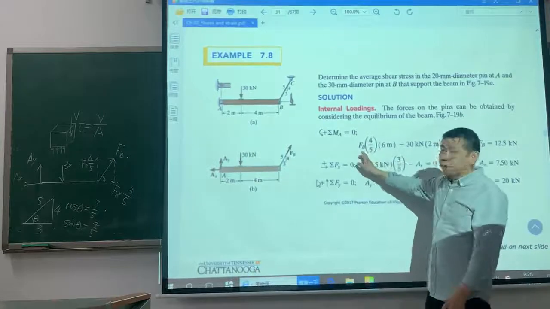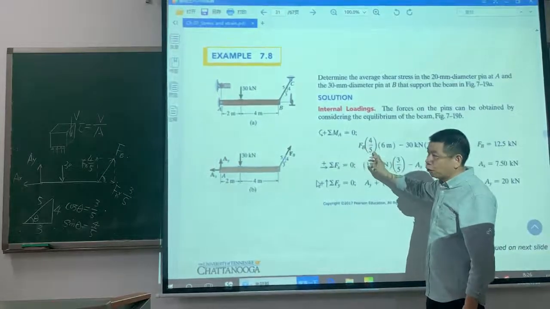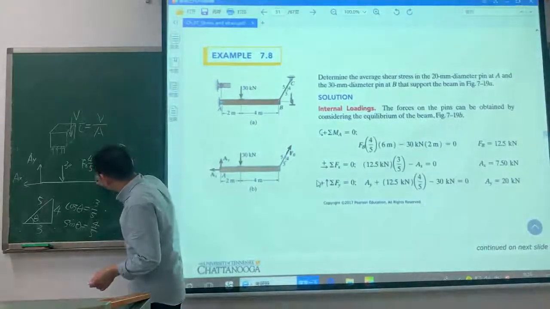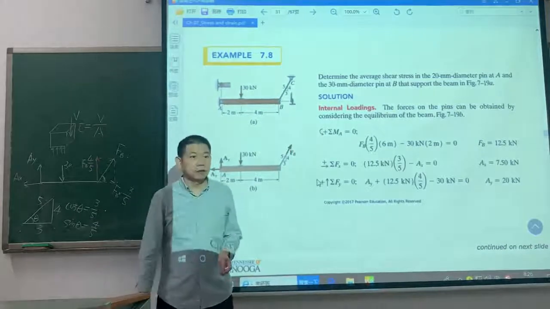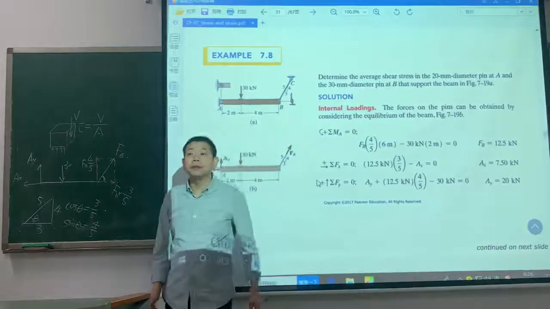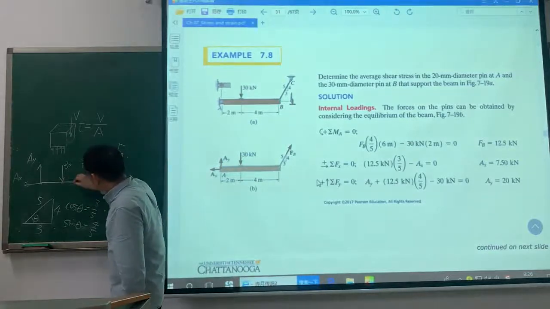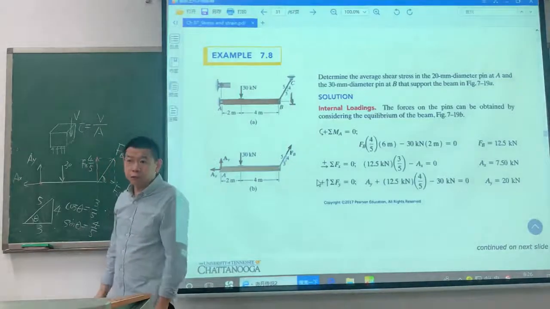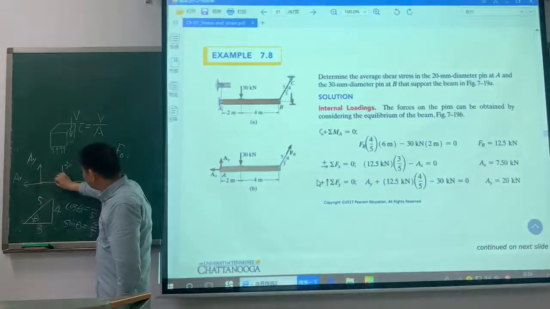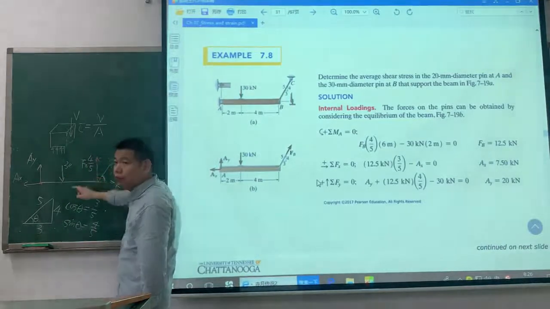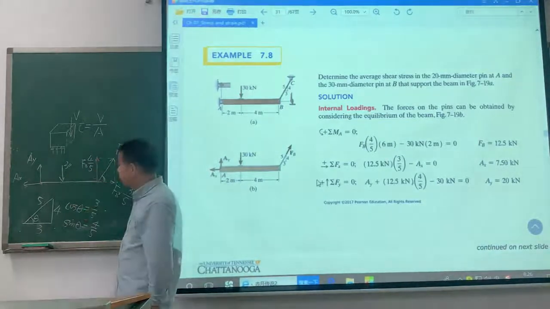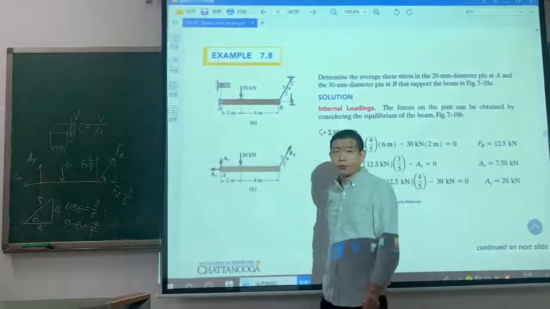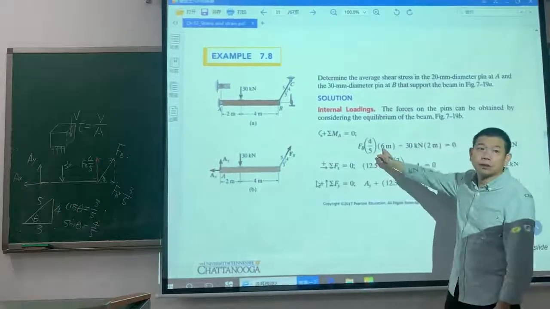So, FB times 4/5 means the force is a component of FB. The distance is the line of action of the force. The perpendicular distance from the point to the line of the force is 4 plus 2, so it's 6 meters.